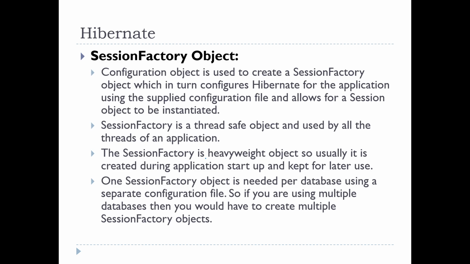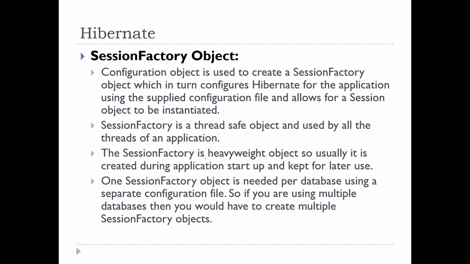The session factory object is the second object that we will create. So the configuration object is used to create the session factory object, and this session factory object is instantiated by reading the Hibernate properties and the Hibernate configuration file. And a session factory object is usually created once for each database. So per database, you will need one session factory object, and it is a heavyweight object.